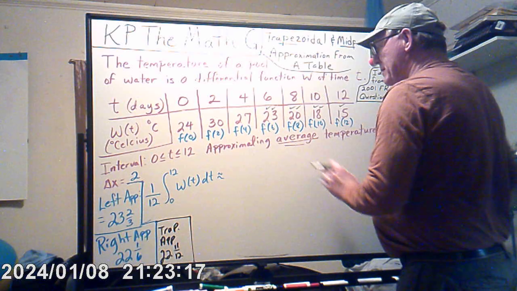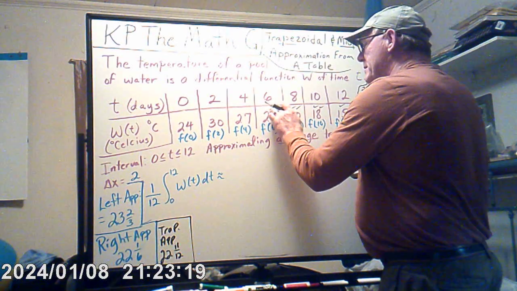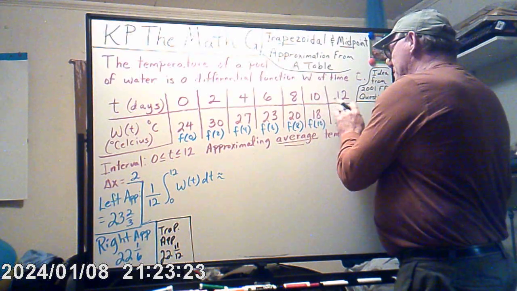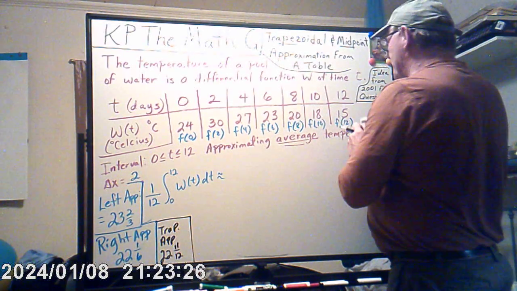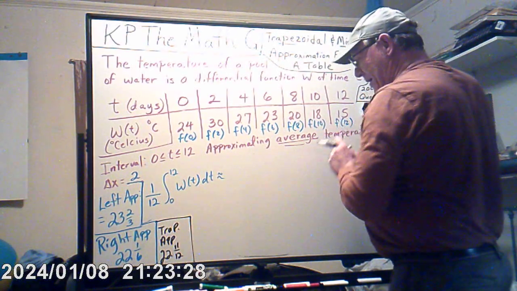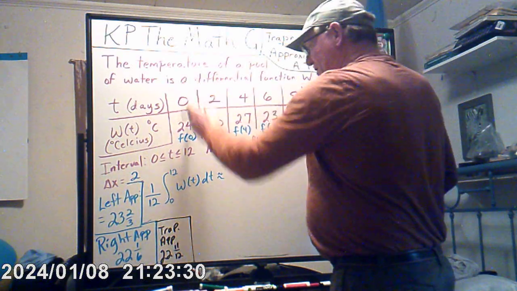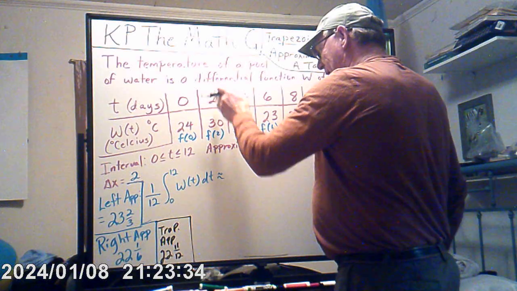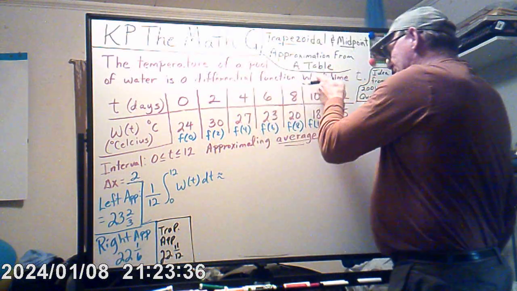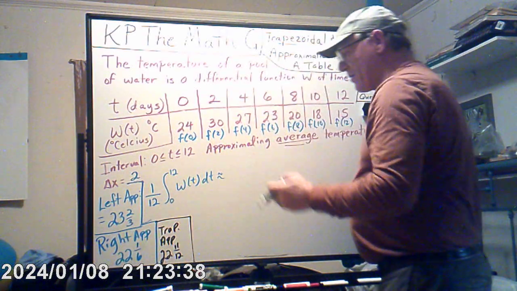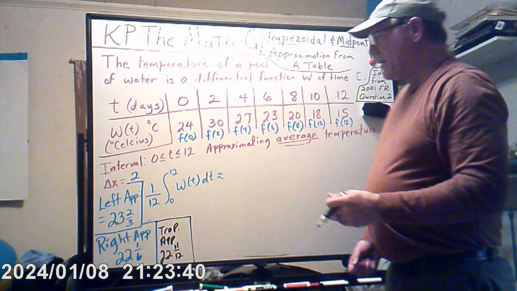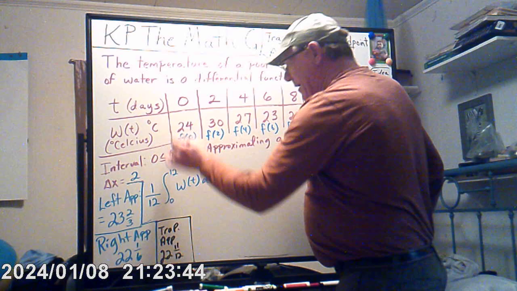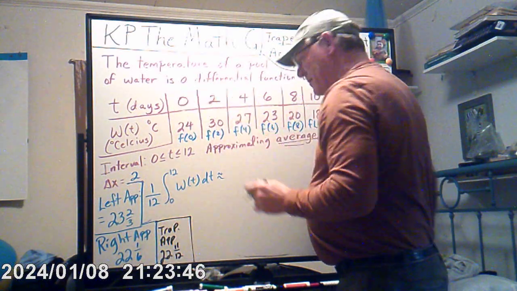Now, how do you do midpoint? With midpoint you don't have as many subintervals. Here we had 7 subintervals each time. But with midpoint, your delta x is going to be more.